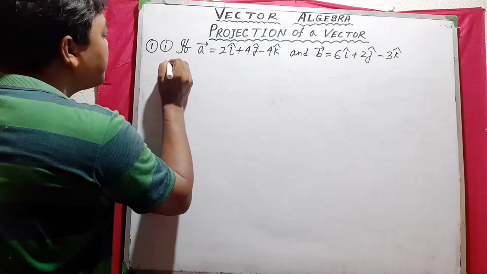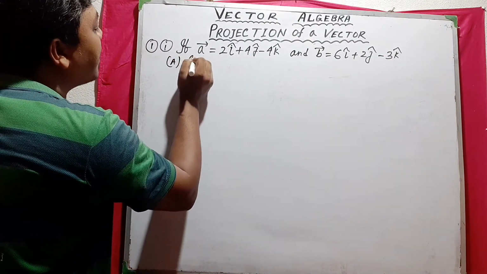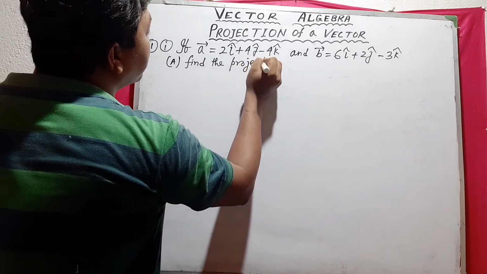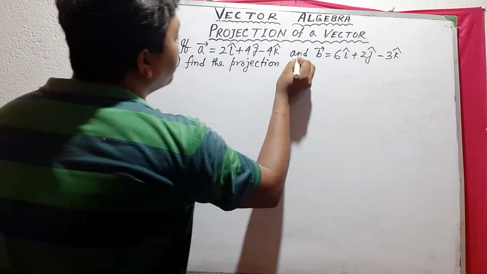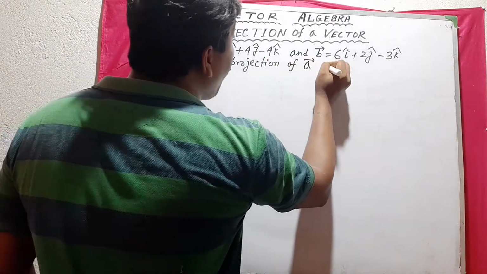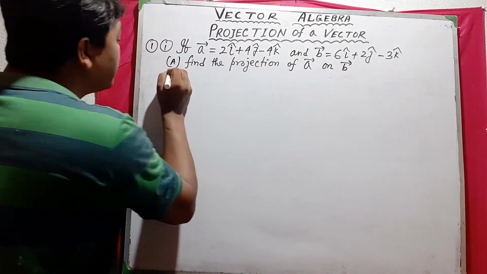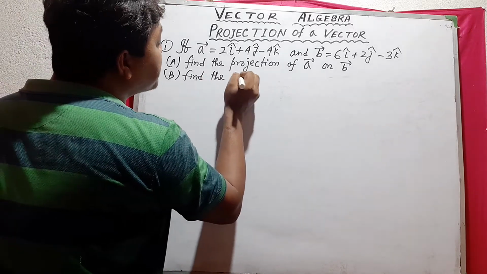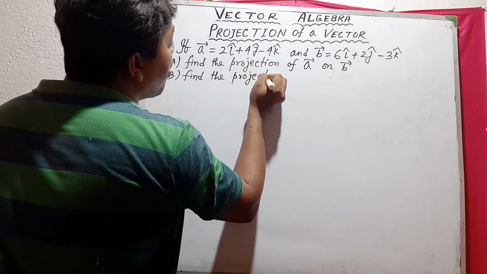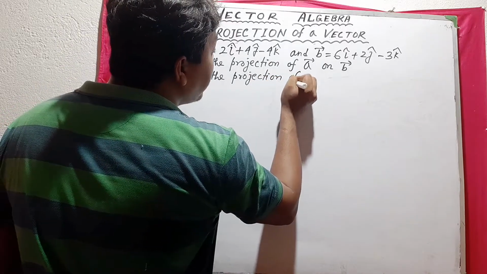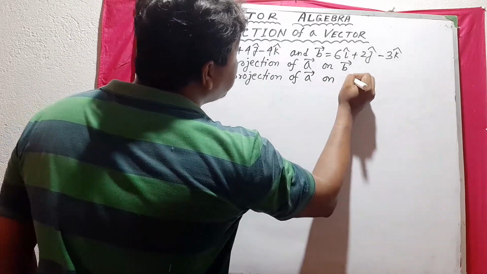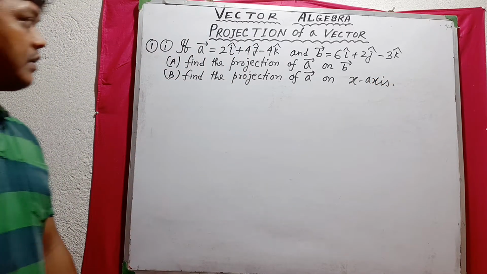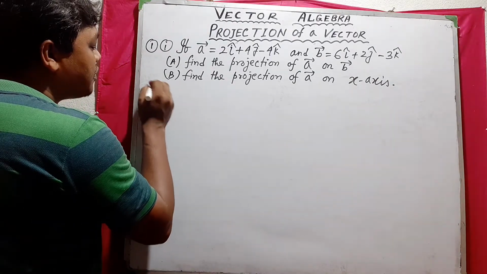Number 1, the part is capital A: find the projection of A vector on B vector. Another, find the projection of A vector on the x axis.